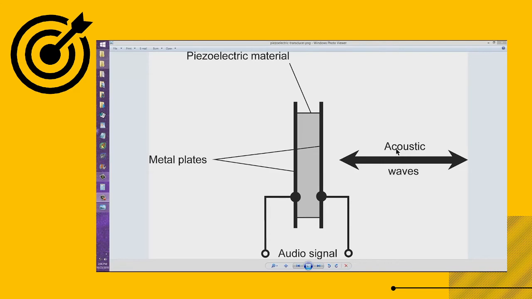When acoustic waves encounter these metal plates and vibrate them, the piezoelectric material vibrates and creates a signal that's identical to the acoustic signal that comes in, except it's an electrical signal. Conversely, if you apply an electrical signal to these plates, what you'll get out is acoustic waves that sound just like the electrical signal that went in.